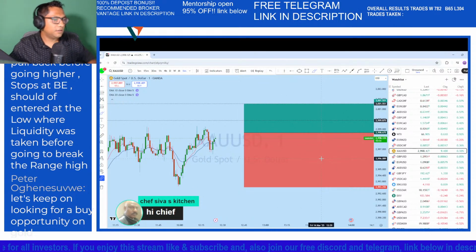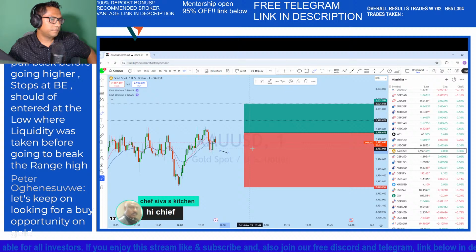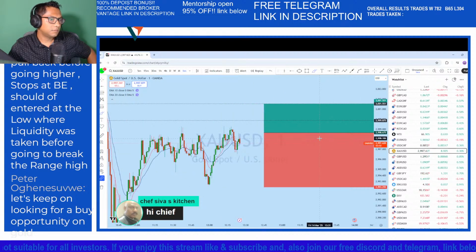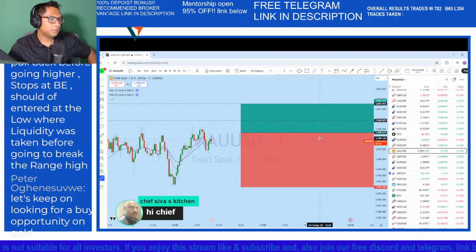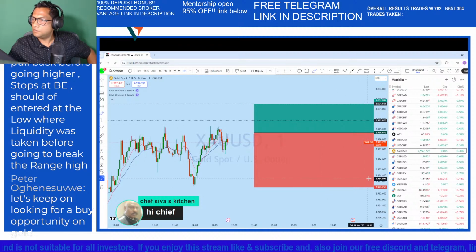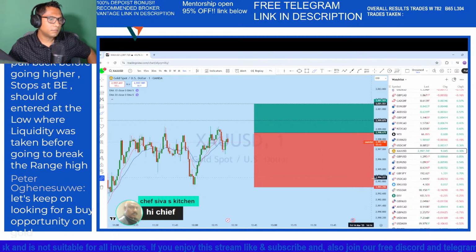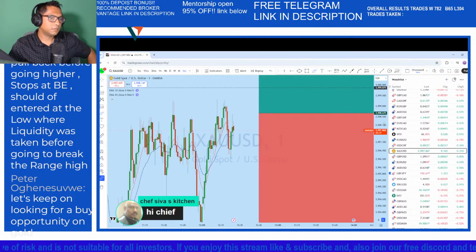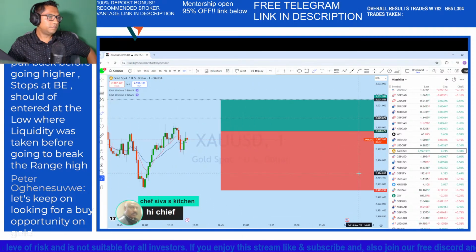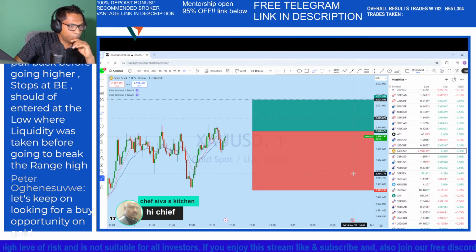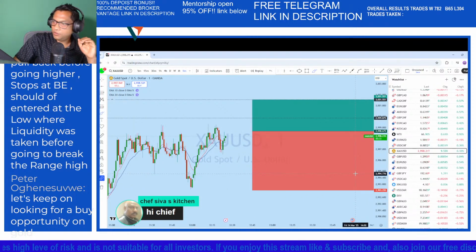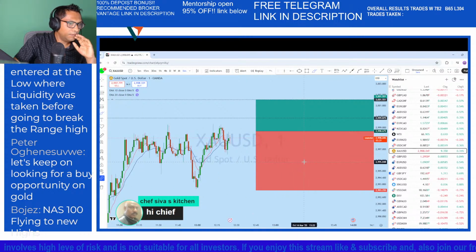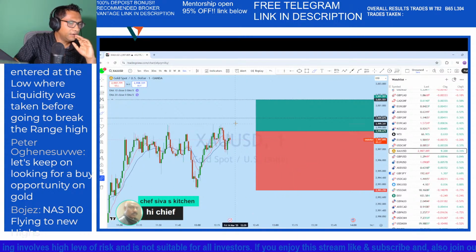There's a gap open, and with that gap open we see some potential liquidity grab here.